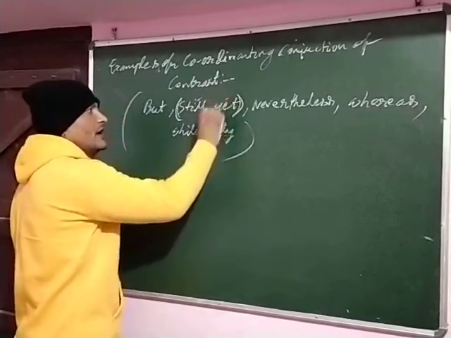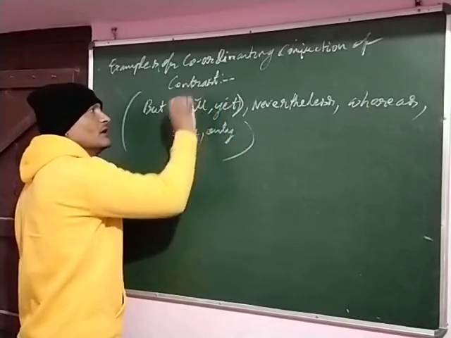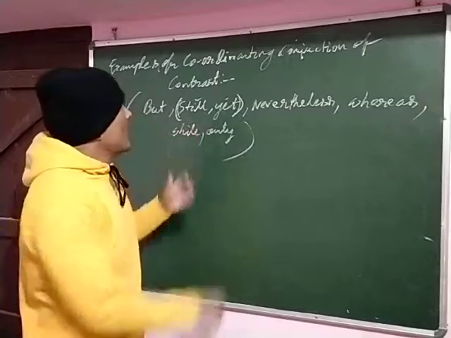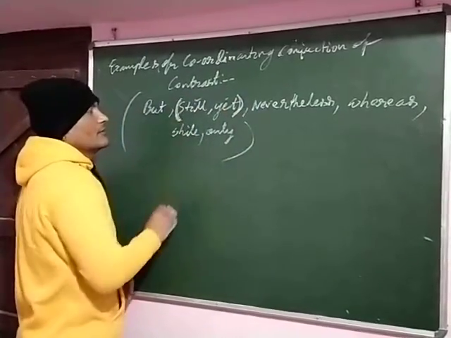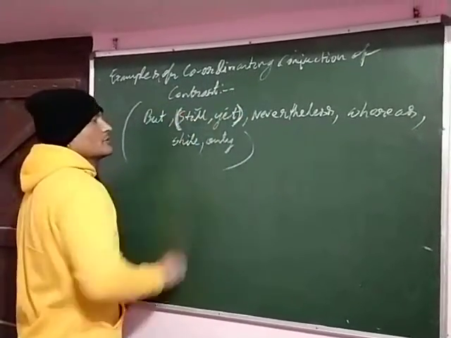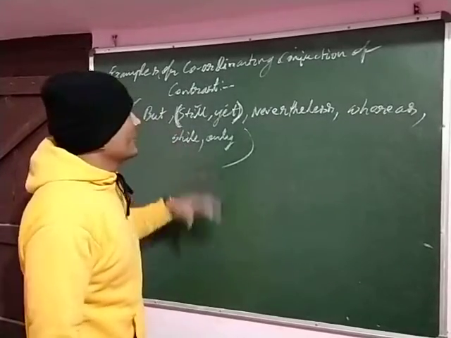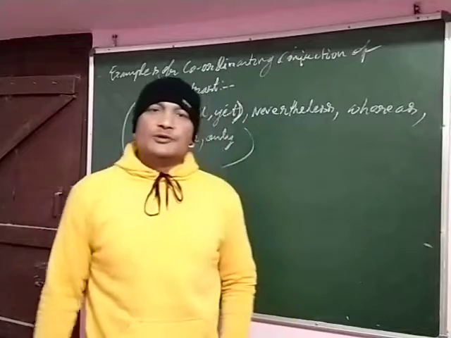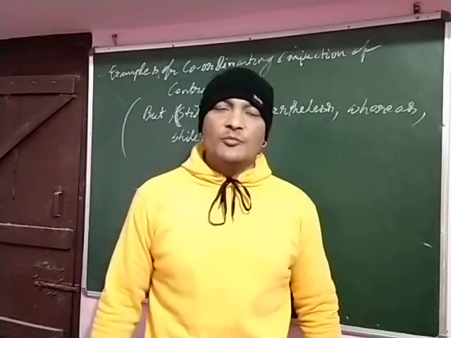That's why I put them in the bracket. So these are the examples of coordinating conjunctions of contrast. See you in the next video. Till then, goodbye and take care.